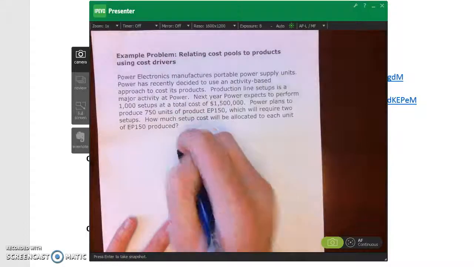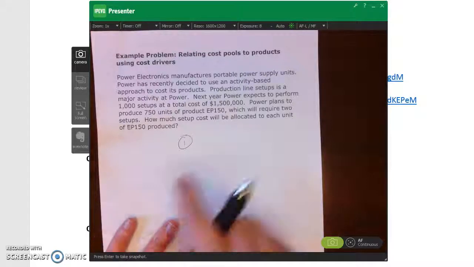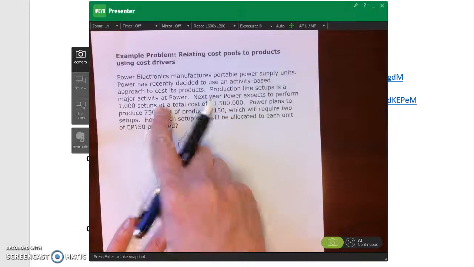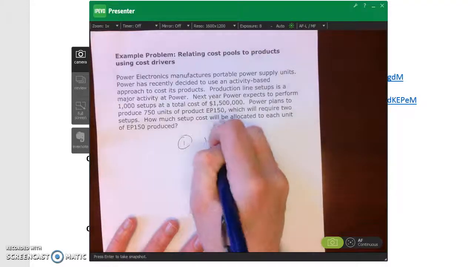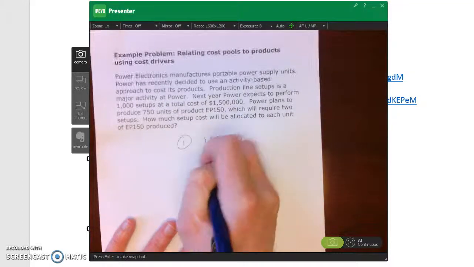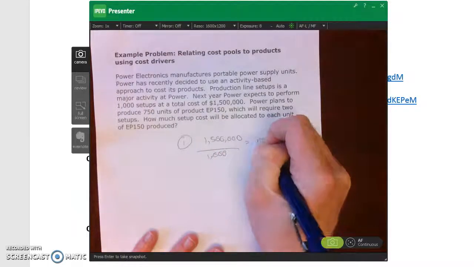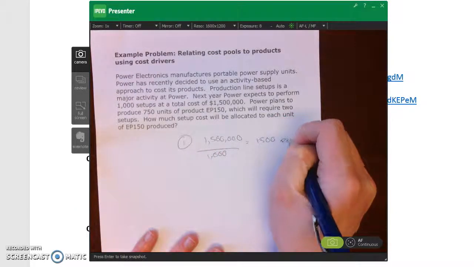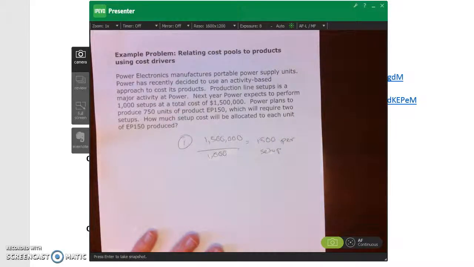So the first thing we're going to do is calculate what the cost is for each setup, the cost per setup. So you take the total cost divided by our 1,000, which gives us our $1,500 per setup. So each setup costs us $1,500.